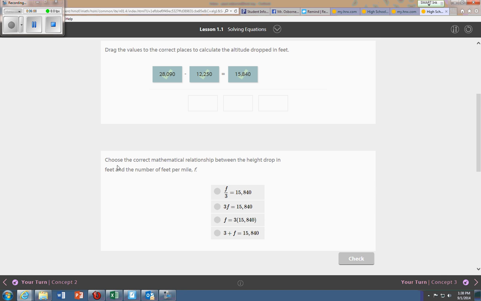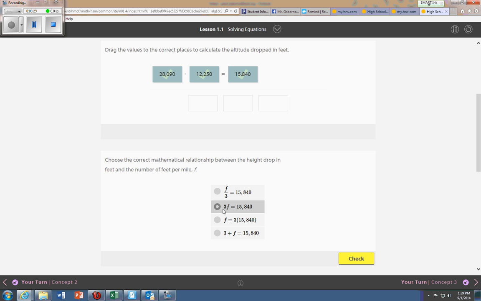Now, it says choose the correct mathematical relationship between the height drop in feet, which was 15,840, and the number of feet per mile F. So I know there's 3 Fs, or 3 miles. So 3 miles is the same thing as 15,840 feet.